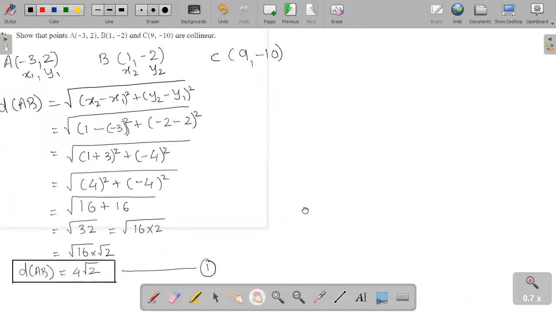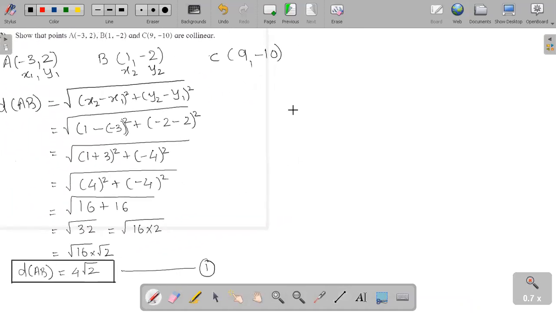Next, we'll find out distance BC. Now when you're using BC, what will be x1, y1 and what will be x2, y2? x1 will be 1, correct, and y1 will be -2.